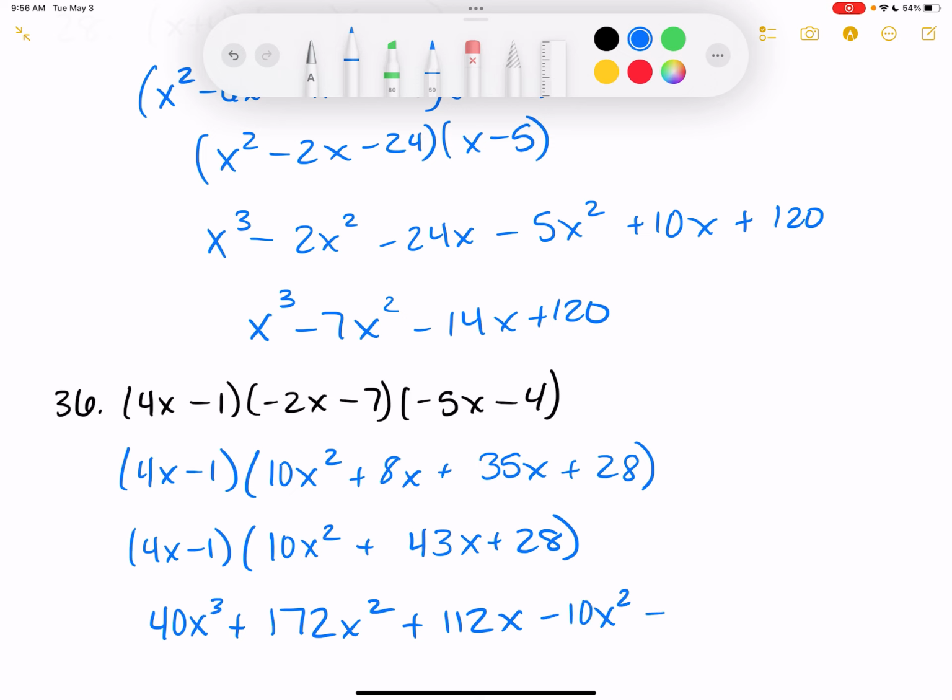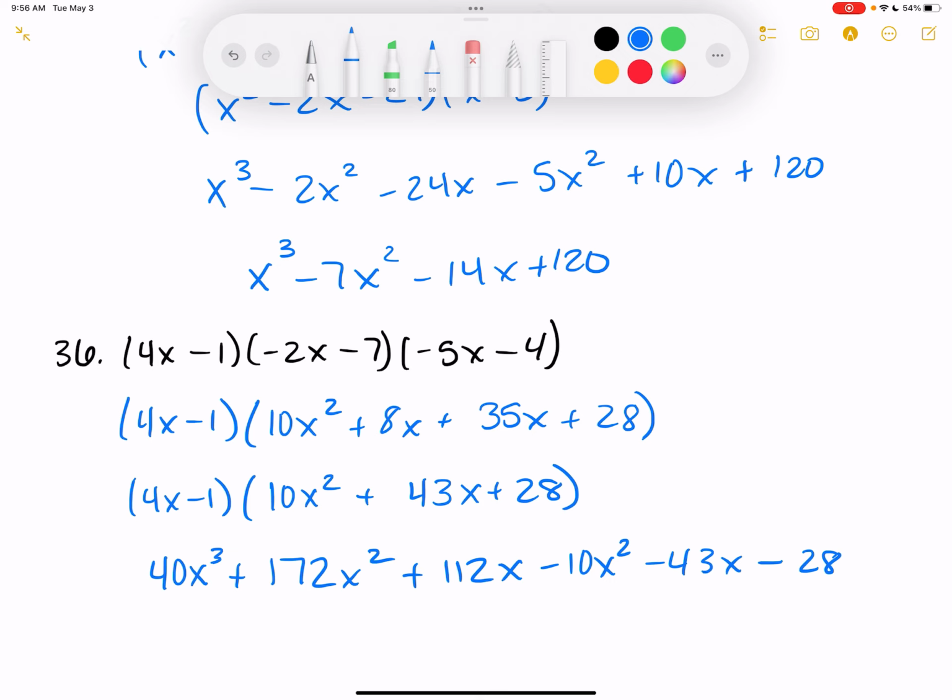This is all gonna equal minus 0. This is all just gonna equal 0, isn't it?